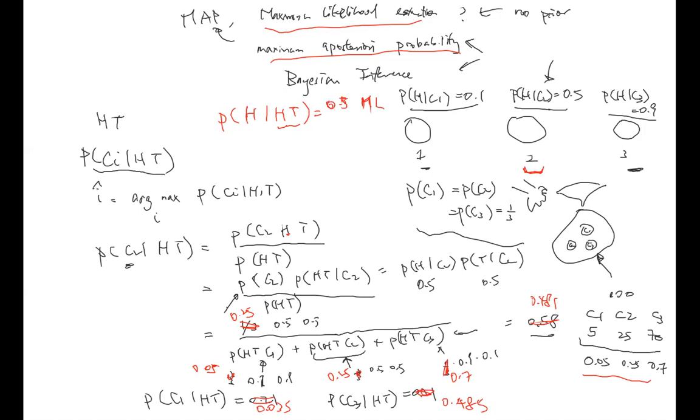I hope you're following me. Let me just ask you now: for MAP, what will be the probability for that? This is the third time, and this is the first and second time. Again, I'm assuming using this prior here.